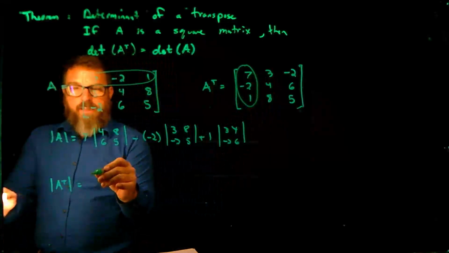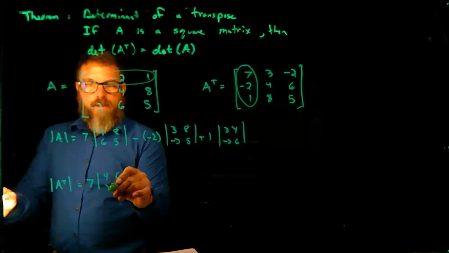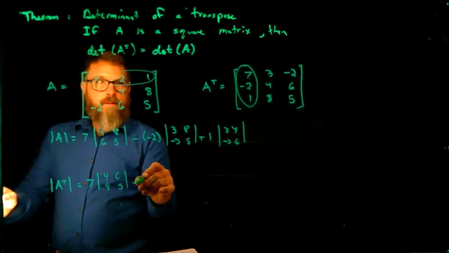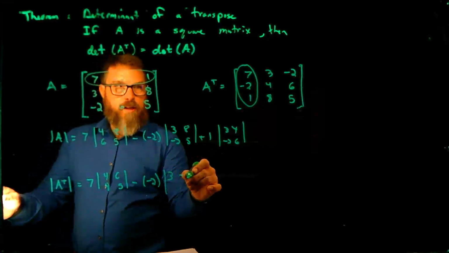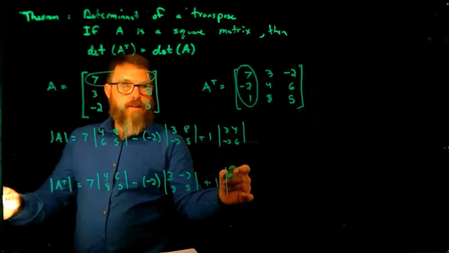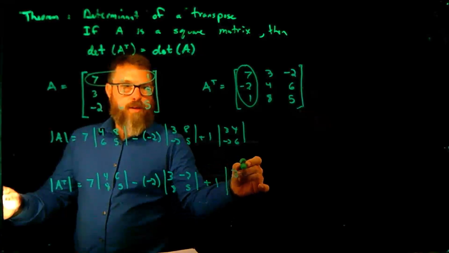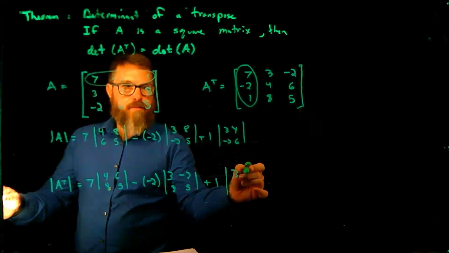So that is going to be 7 times the matrix 4, 6, 8, 5, minus that minus 2 times the matrix 3, negative 2, 8, 5, and then finally plus the 1 times the matrix 3, 4, 3, negative 2, 4, 6.